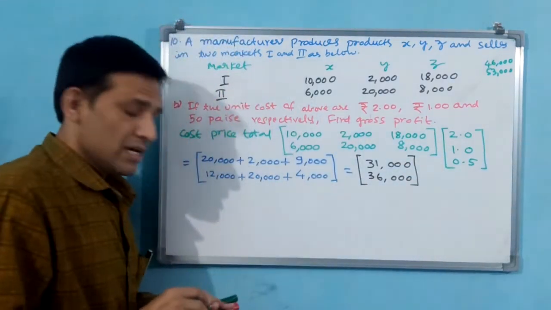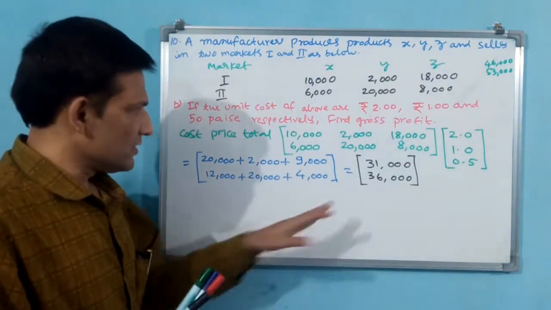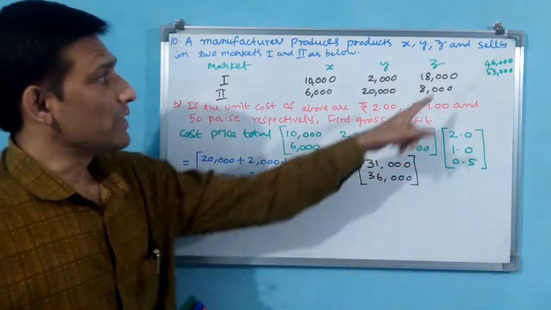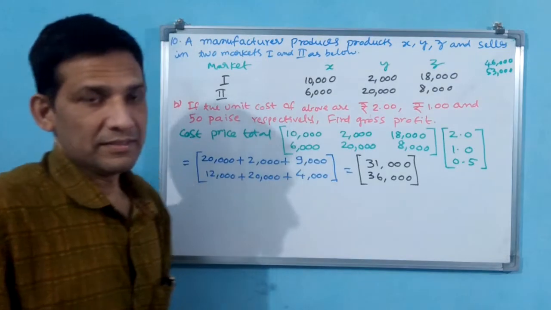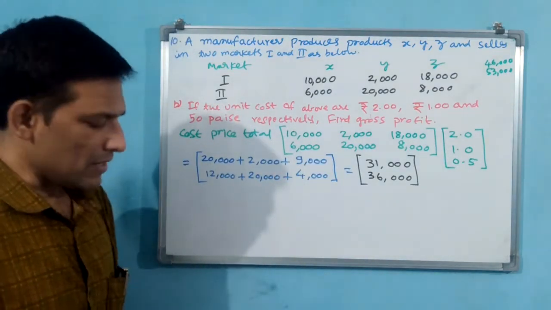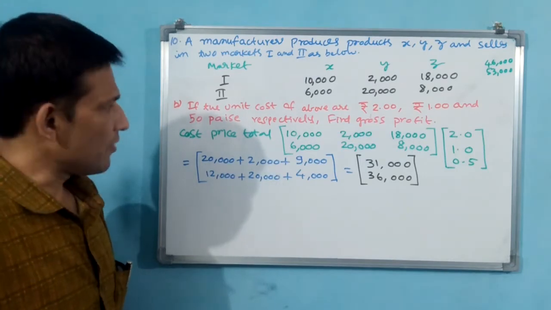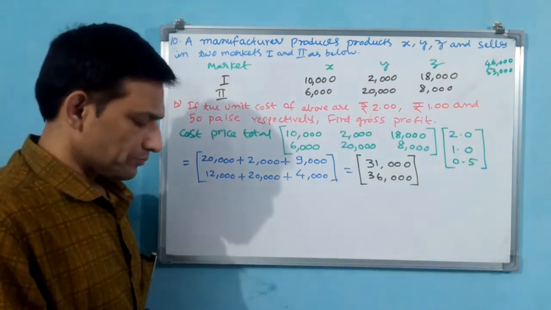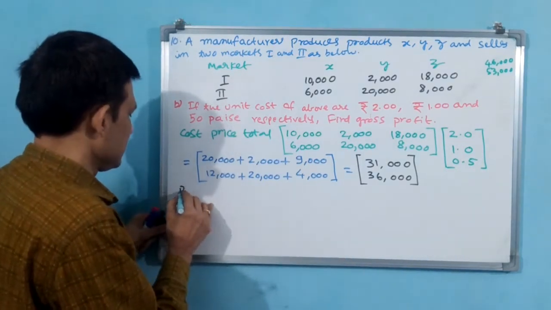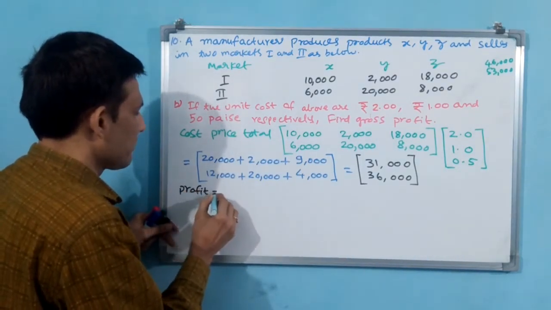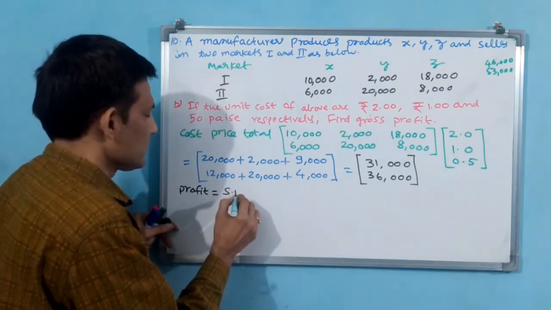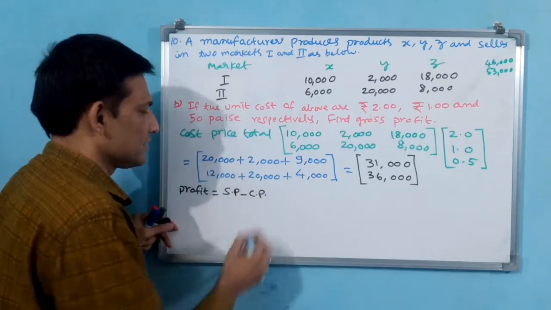See, now we have not yet got the profit. This is the manufacturing cost, but this is the selling price. How to find profit? What is the formula? The formula we know: profit is equal to selling price minus cost price.